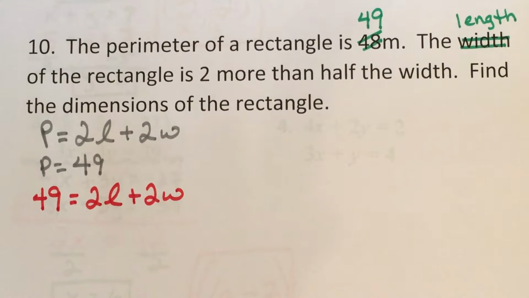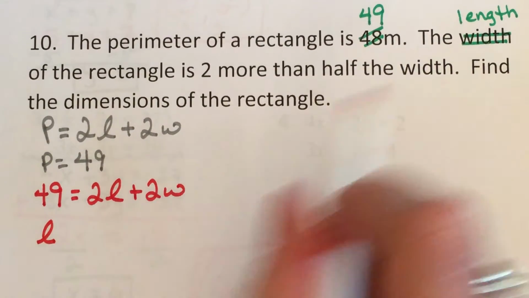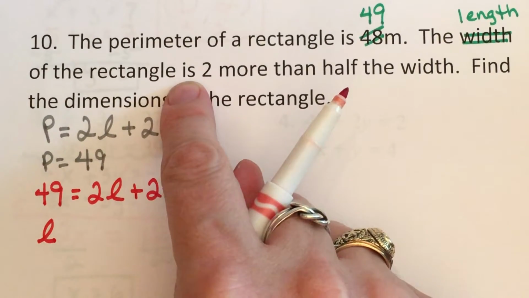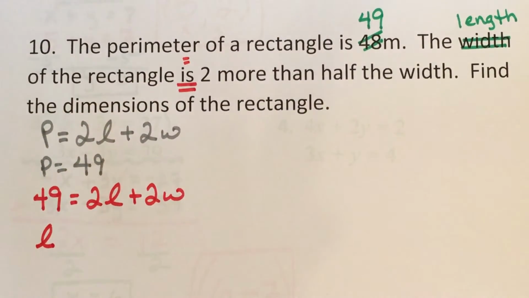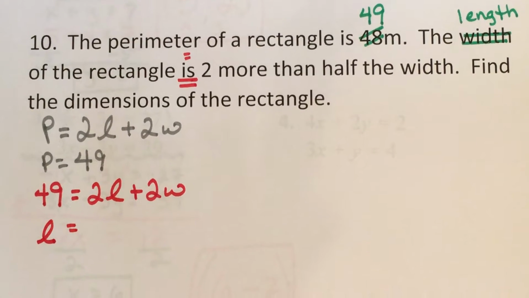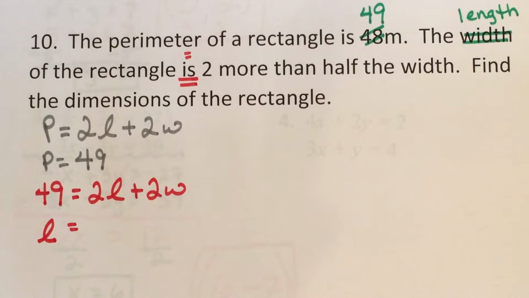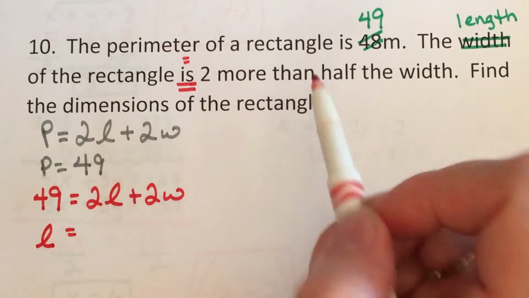All right. And our length is. So this word is, that means equals. When it's is or has or was, that's an equal sign. 2 more than.